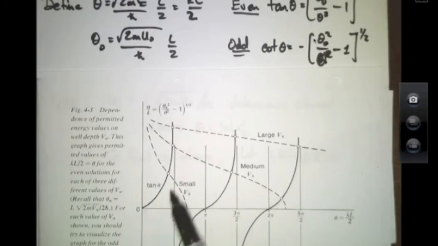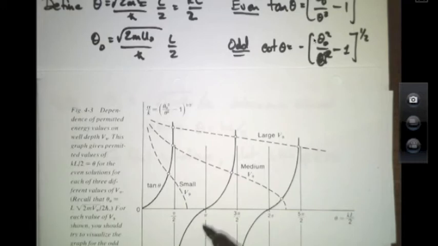The solid line here represents the function tangent of theta, plotted as a function of theta is KL over 2. And of course, tangent goes to plus infinity at pi over 2, and it comes from minus infinity, so this pattern repeats.